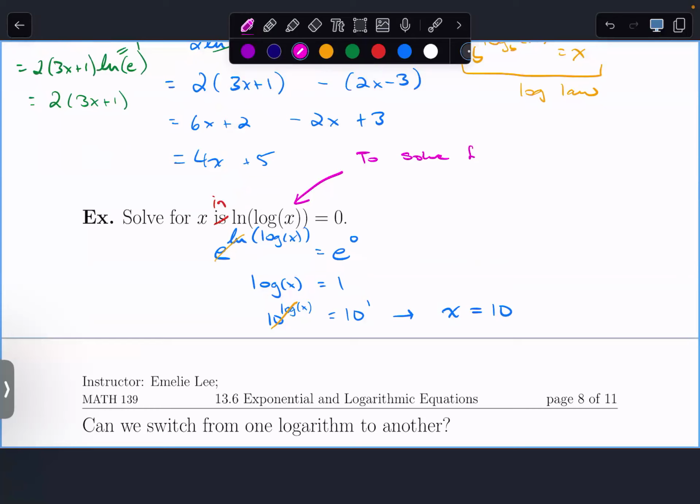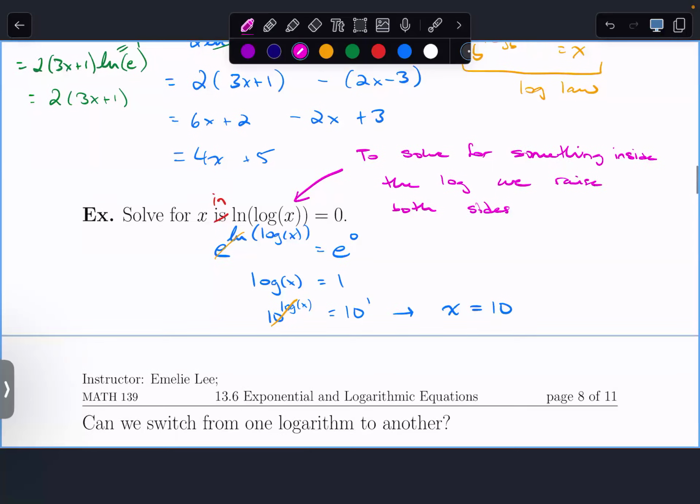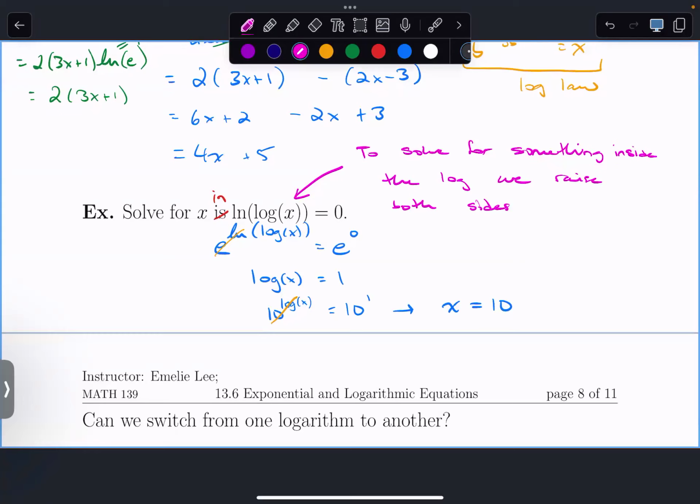To solve for something inside the log, we raise both sides with a base of b.